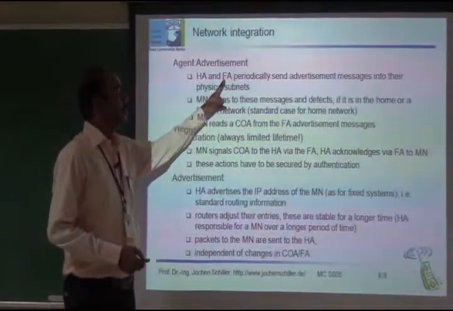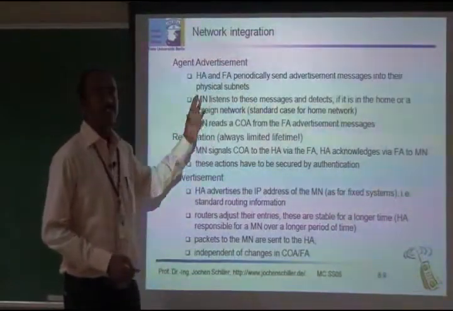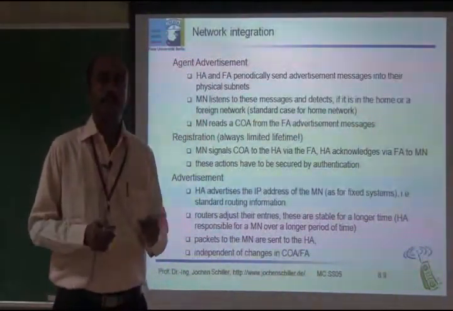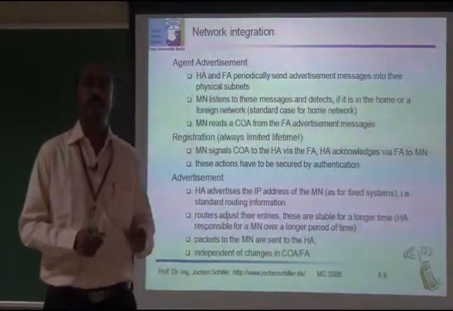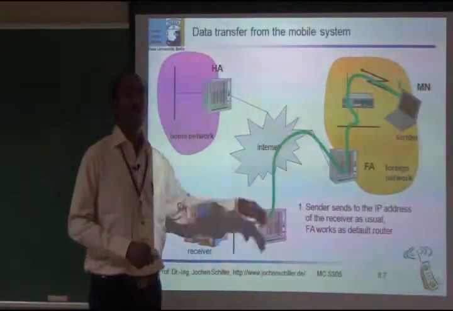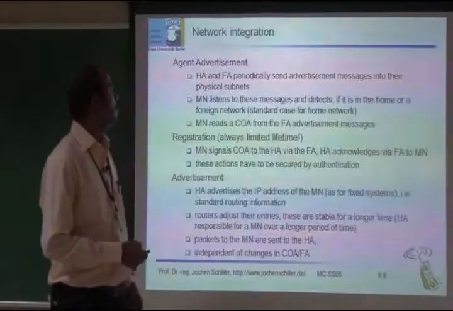The home agent and foreign agent periodically send advertisement messages into their physical subnets, right? So by using their own IP address, the agents will send the advertisement messages, so that other nodes, the correspondent node and the mobile node, will store their information in their database.